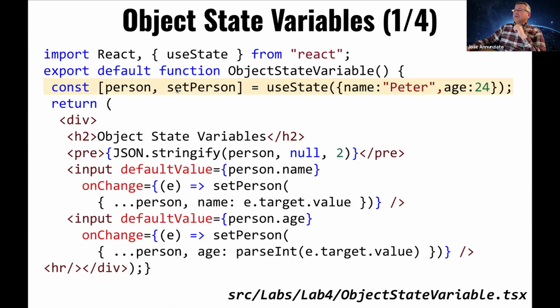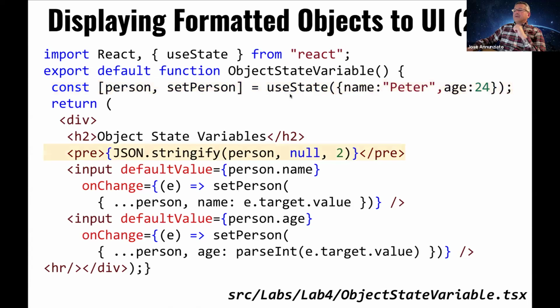Also, an example of rendering the object on the screen, mostly for debugging purposes, right? This is very convenient for us developers, where we can actually see a graphical representation of the object itself, nicely formatted with curly brackets and indentation and whatnot. So this is very useful for debugging purposes.